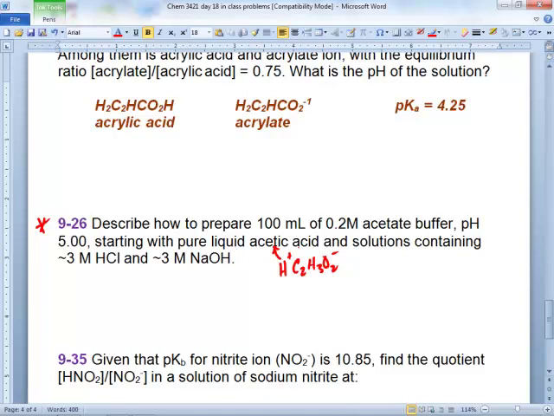It really doesn't matter, but you don't want it to be 10 mils, because look at all the water you'd add later. Once you do all this work to get to the right pH, and then you add 90 mils of water, the thing's going to move on you.